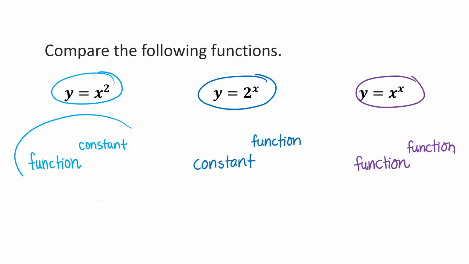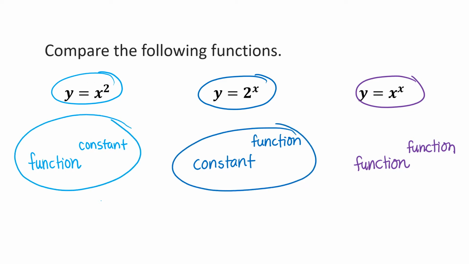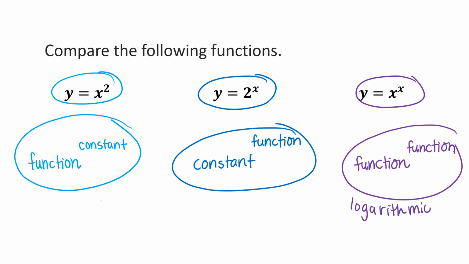We know how to take the derivative of these. But before logarithmic differentiation, we didn't have a way to take the derivative of these, because we don't know the derivative of an x to an x.